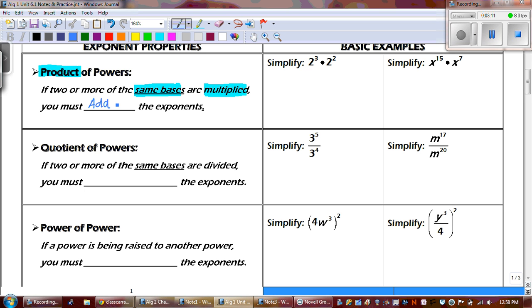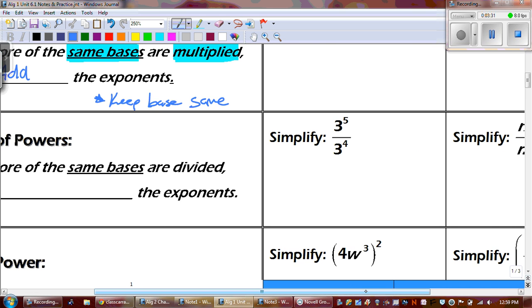You're like, why are we adding? You just said to multiply. No, I said if there's multiplication, okay? One thing we need to know real quick is we have to make sure to keep the base the same. So let's zoom in and take a better look at this example.